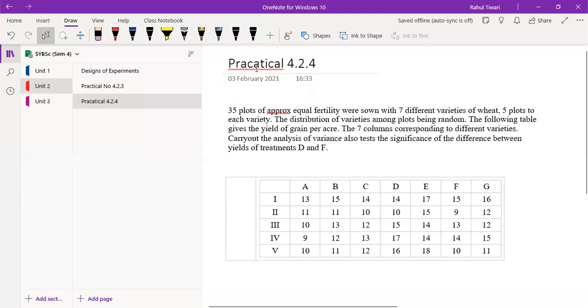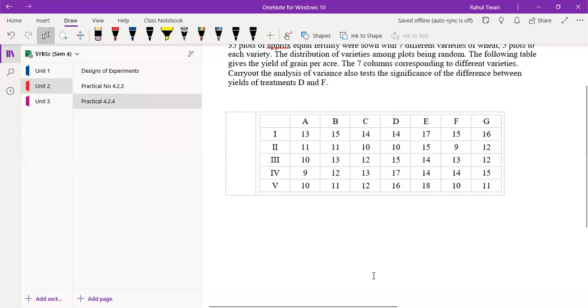So you can write down, take down the solution.